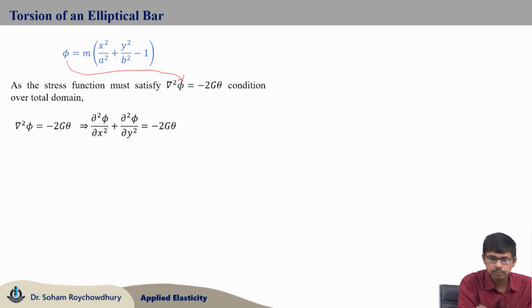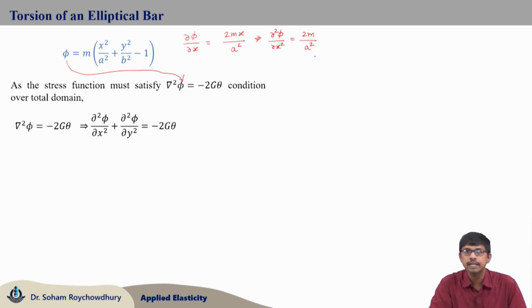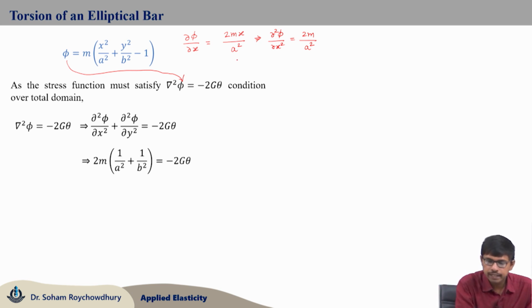Starting from the given phi, del phi del x will be 2 m x by a square, and then del 2 phi del x2 will be 2 m by a square. Similarly, del 2 phi del y2 can be obtained as 2 m by b square.